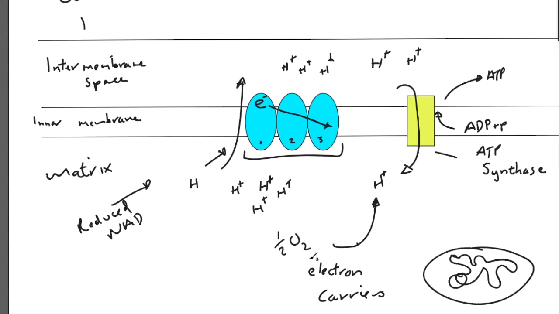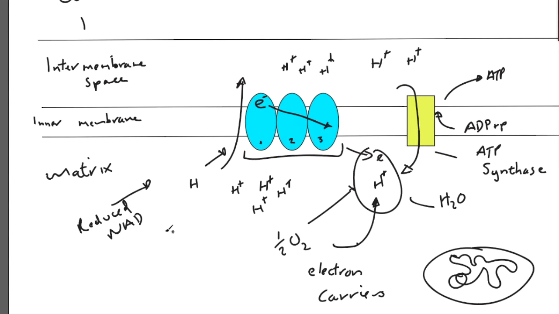The oxygen's coming from the blood that you've already breathed in. And this electron that's travelled down and lost energy joins on, okay? And this combination makes H2O, which is what you respire out. So that's respiration as a whole.